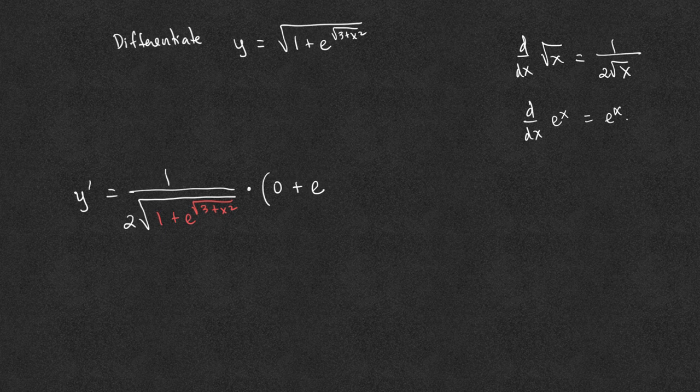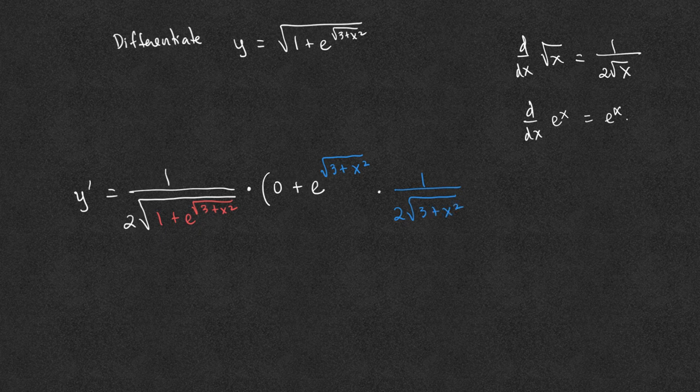The block is now the square root of 3 plus x squared. We cannot close the parentheses yet because we haven't finished taking the derivative of e to the radical of 3 plus x squared. We still need to multiply by the derivative of the block, which is now 1 over 2 root of 3 plus x squared.